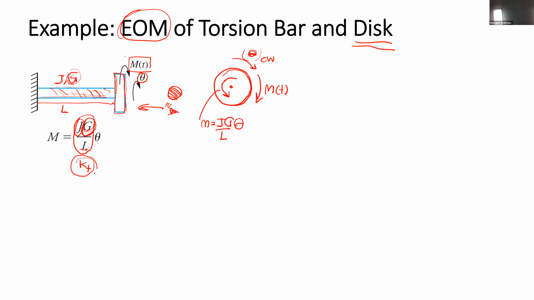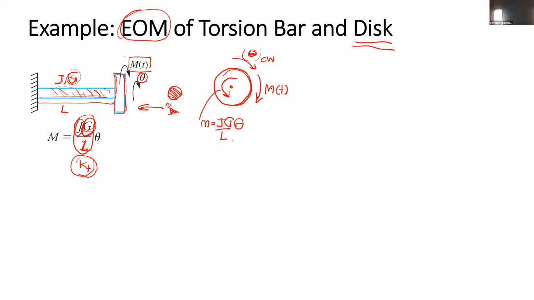The torsional stiffness is inverse with the length of the bar, which means if you have a long bar, you can rotate it and make it deform easier compared with a short bar. Does that make sense?